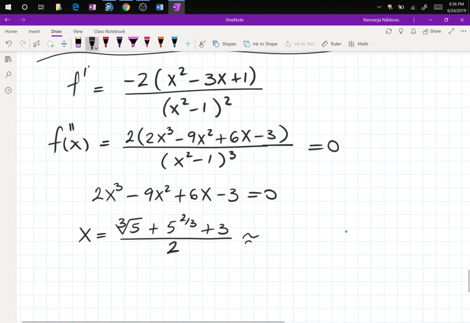So now I would like to know, well, we know it's positive, but I would like to know what is the approximate value for this monstrosity.